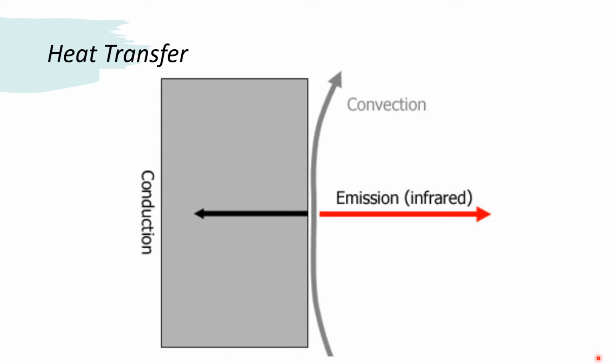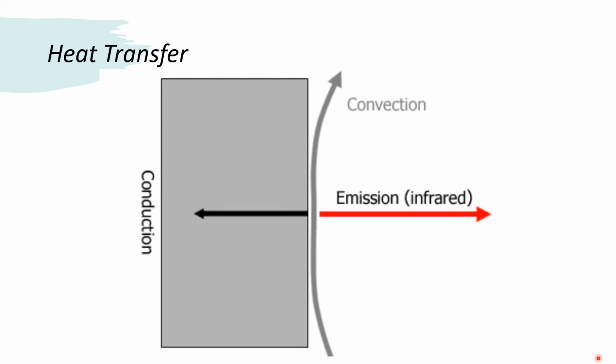When heat is transferred to liquids and gases, then it is called convection. And when heat is transferred through waves, then it is called radiation.